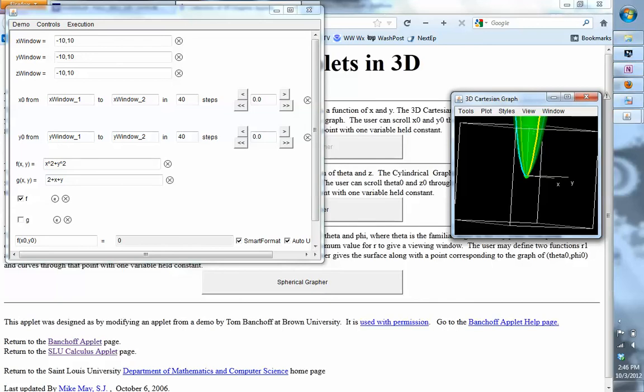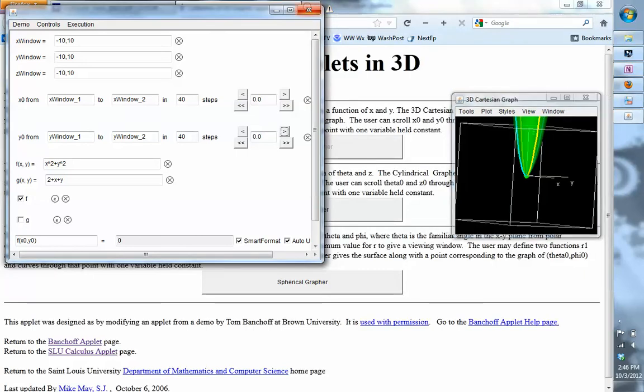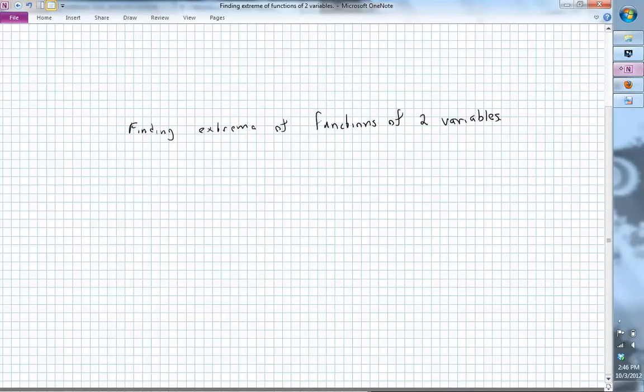If you can find solutions to that system of equations, those are candidates for extrema, local extrema. They may not be local extrema, but if you're going to have one, that condition has to be met. And that is where we're going to go today. So let me close that, and let's go back over here.